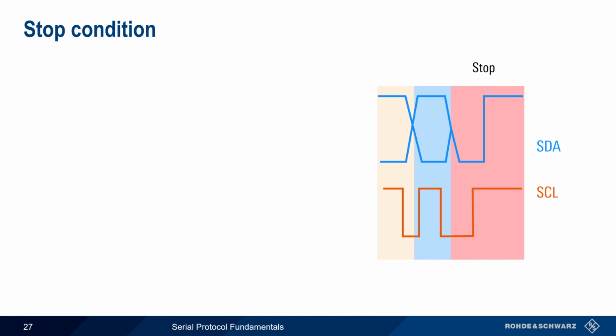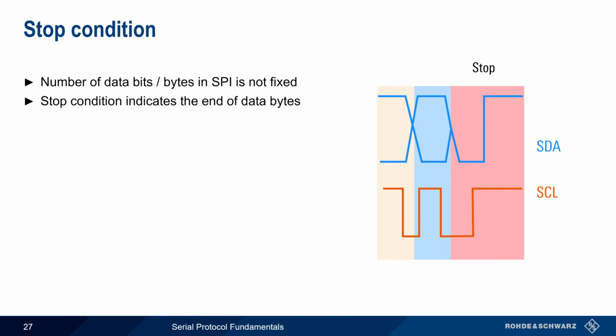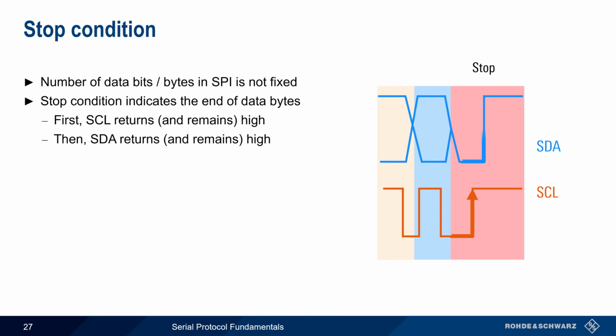In UART, the number of data bits, and thus the frame length, is fixed, but in I2C the number of data bits or bytes can vary. Therefore, there must be a way to indicate that the final data byte has been sent, and this is done using the stop condition. First, the SCL line is allowed to return high and remains high, and then SDA returns high and remains high.